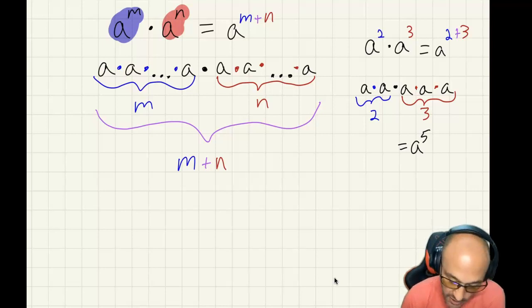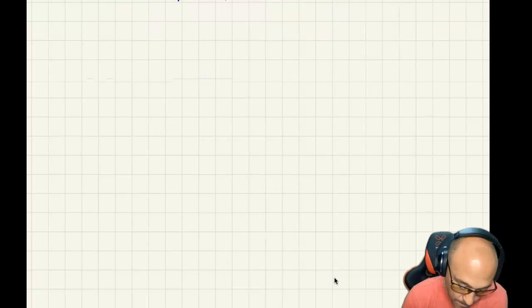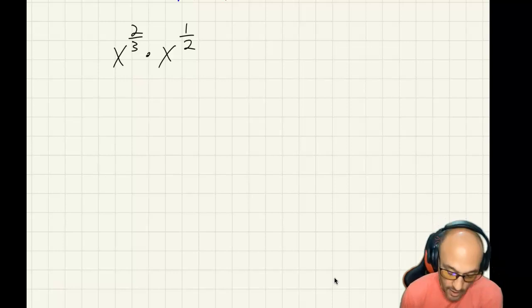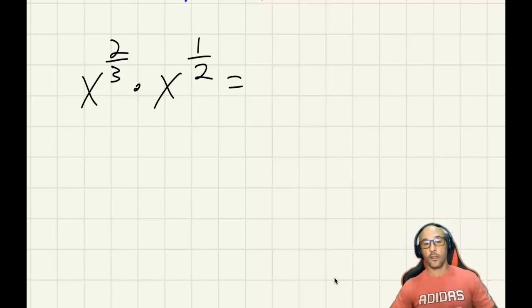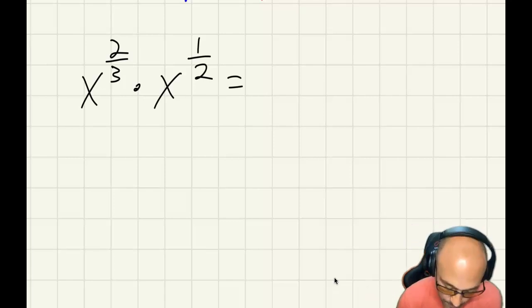I'm going to start with something like x to the power 2/3 multiplied by x to the power 1/2. Now this is going to require some fractions here, so don't get scared. Fractions are just numbers. You may forget the rules of fractions, but we can go back and look at those, and I have a couple videos for that as well.